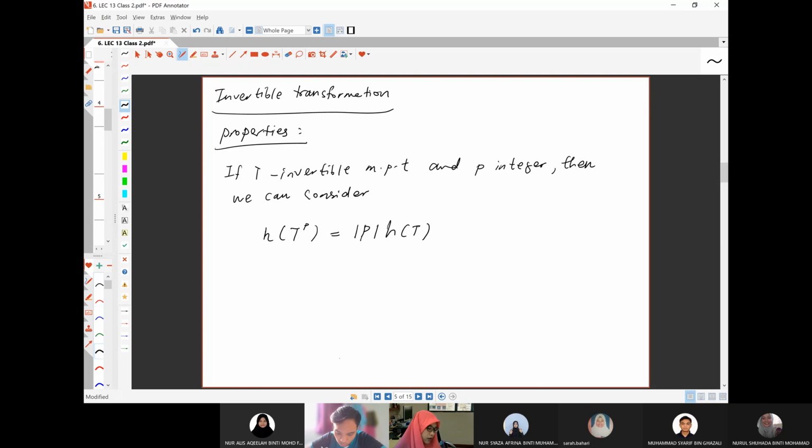So the entropy of T power p, and p is an integer, so you can bring that p out, like multiplying with a constant or coefficient, with the modulus. So H of T power minus 1, or we call it the pre-image, the entropy of the pre-image must be the same.